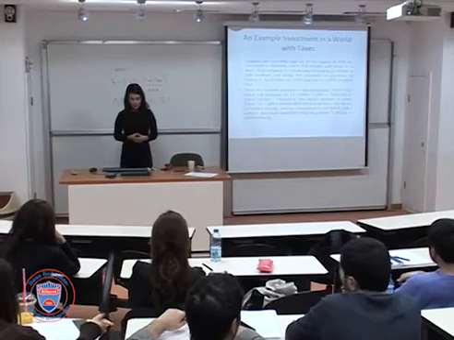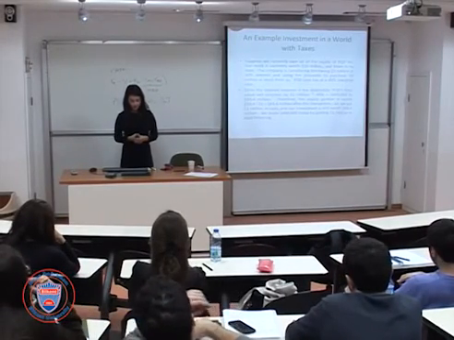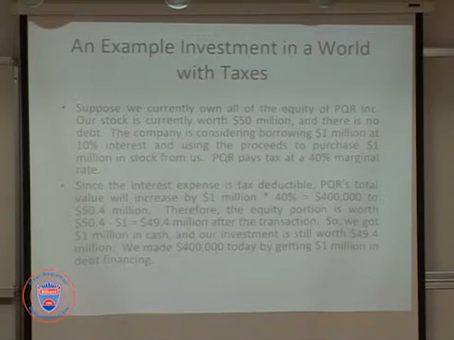PQR pays tax at 40% marginal tax rate. Okay, so we know that interest expense is tax deductible, and we know how to calculate present value of interest tax shield. So if I have $1 million debt and a 40% tax rate, present value of interest tax shield is $400,000.